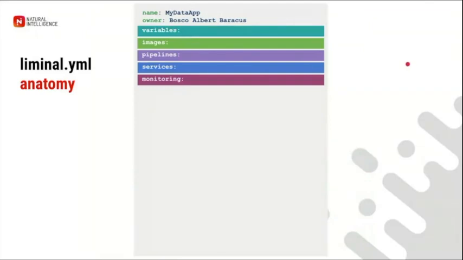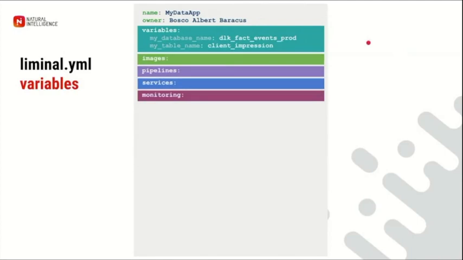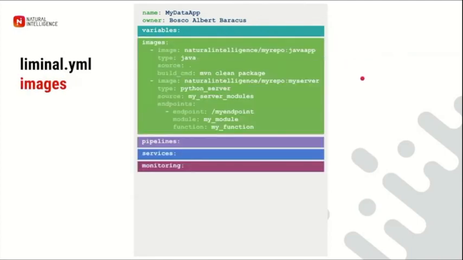So we talked about this configuration file that we ask our users to create. So what does that look like? This is the anatomy of that file. For each data system, we have a name and an owner. We can define variables for reuse in the configuration. We can define images. So this is where we package the user's code as Docker images without them having to know anything about Docker.